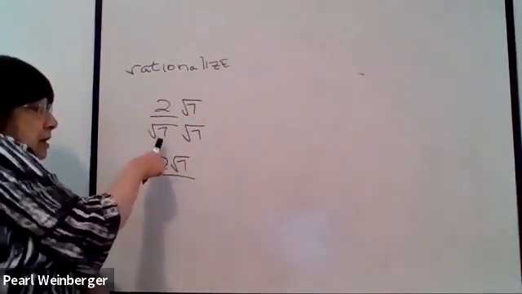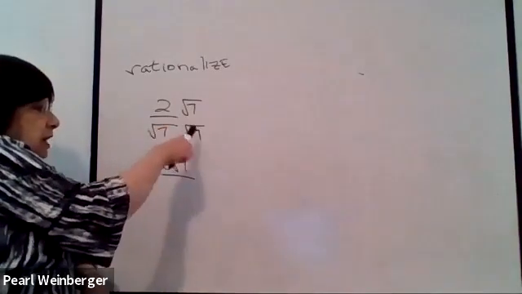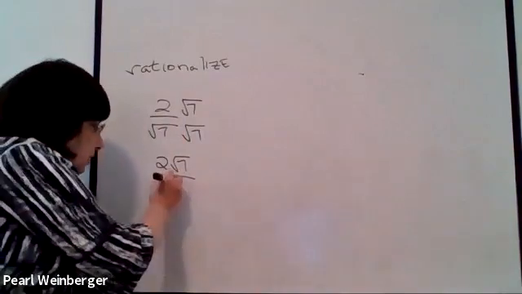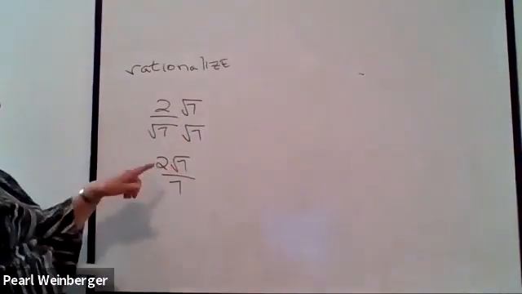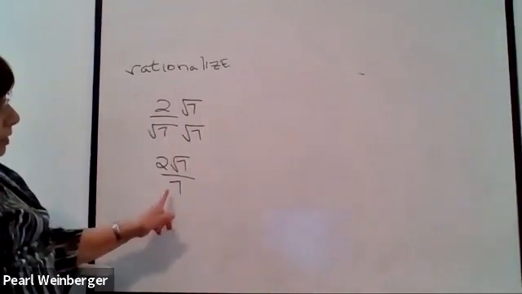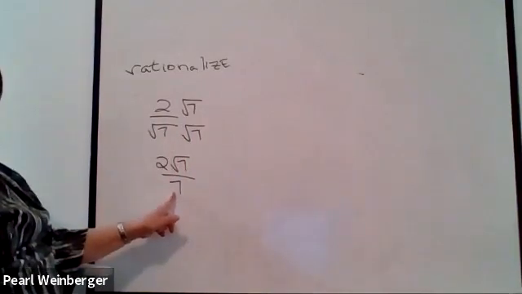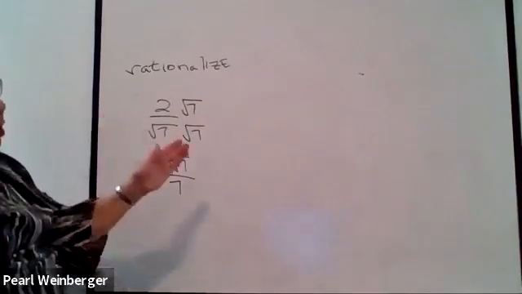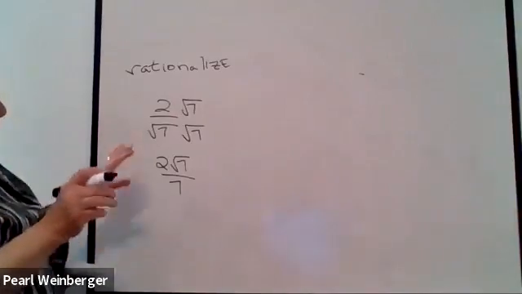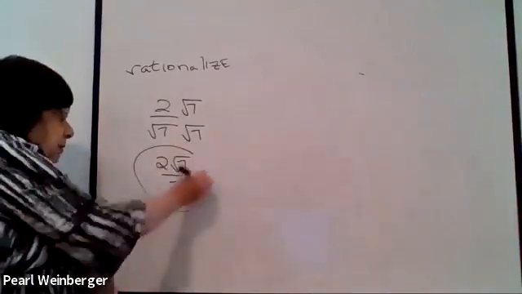And on the denominator, I'm left with radical 7 times radical 7, and I know when I multiply a radical by itself, it just gives me the number 7. And don't think you could take this 7 that's inside the radical and this 7 outside a radical and cancel them. You can only work outsides with outsides, insides with insides. So this would be your final answer.